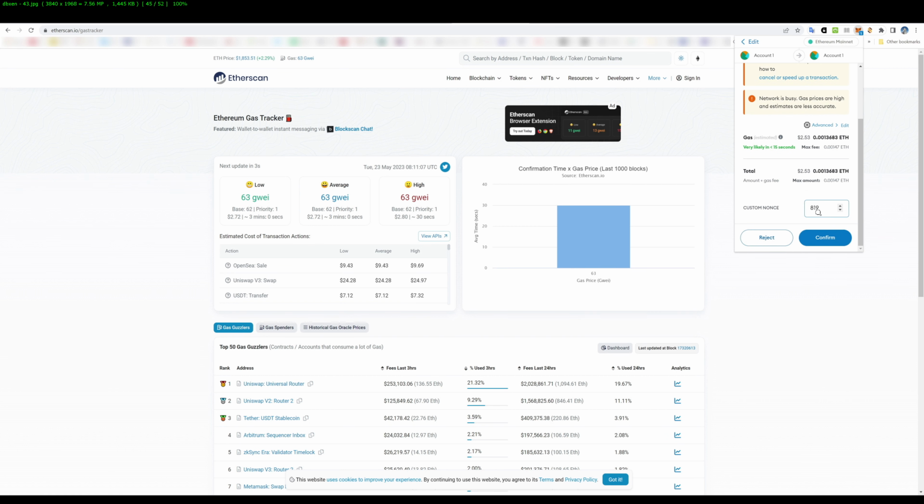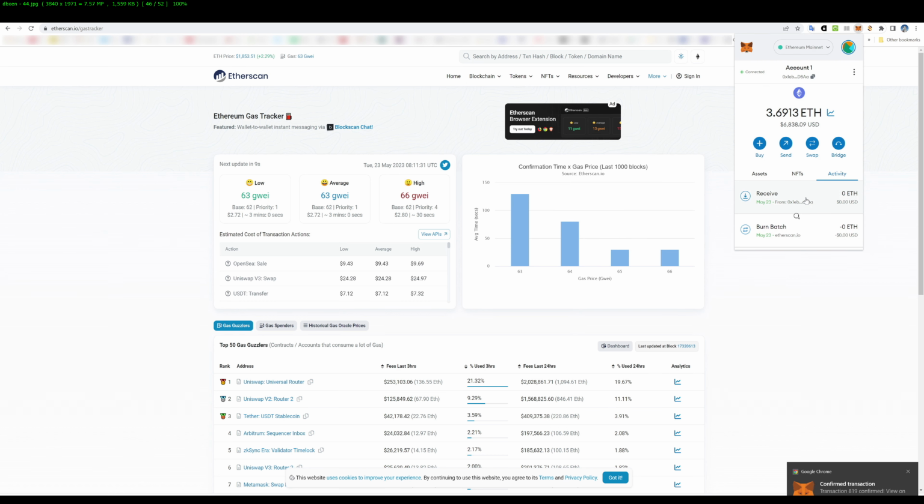So this is 819, which we wrote down before. So you write down the nonce here and click confirm, and if the Gwei doesn't spike over the 70 in the next few seconds, the transaction will be picked up and it will be cancelled. The pending burn batch was cancelled, and here's the transfer between myself.